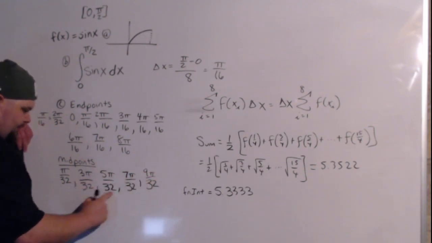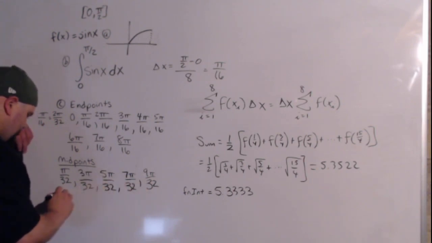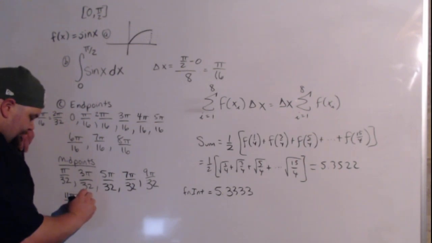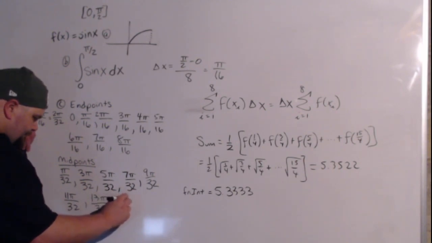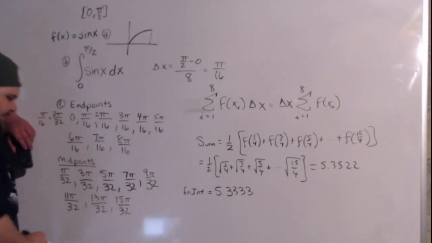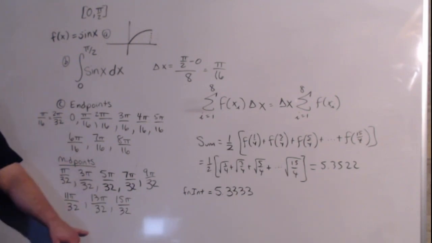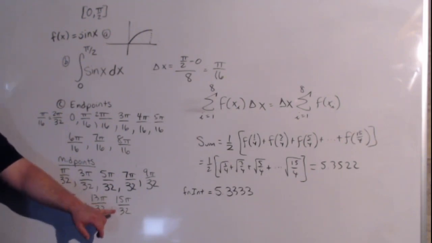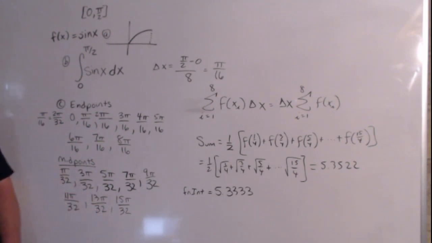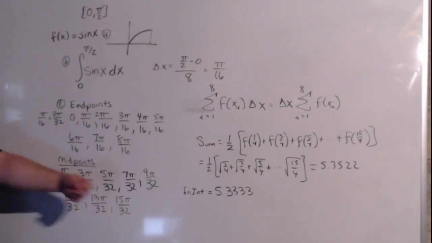So 1, 2, 3, 4, 5. And again, this should make sense, right? I can't be any bigger than pi over 2 or 16 pi over 32, right? So that's where I stop with my midpoints. And again, there are 8 of them.